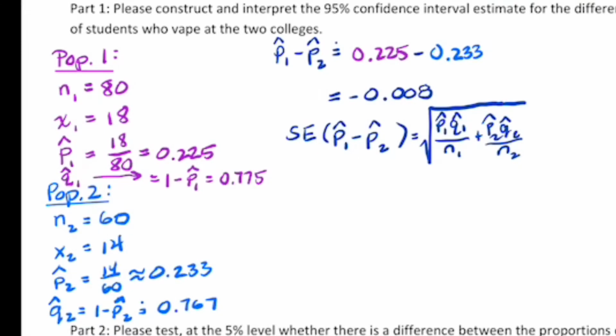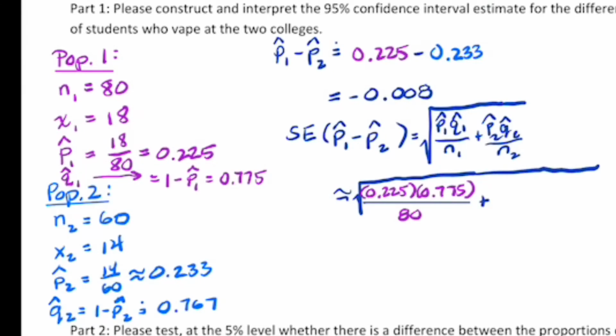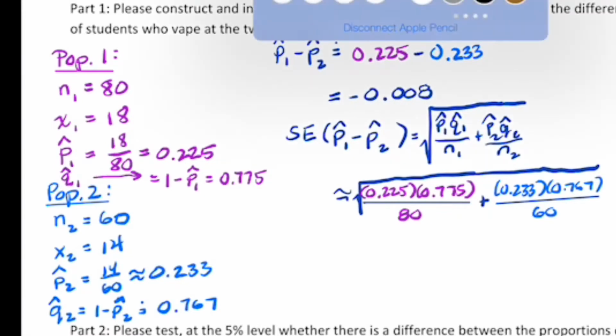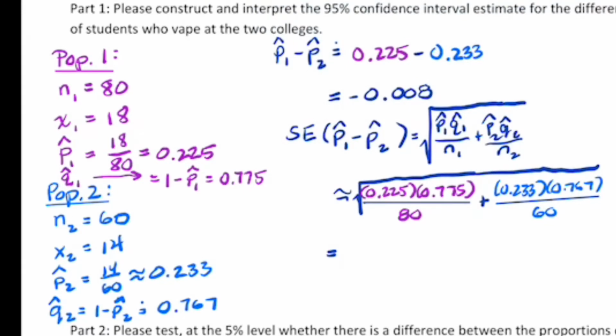So that will be approximately the square root of 0.225 times 0.775 over 80, and then plus the information from population 2, which is 0.233 times 0.767 over 60.